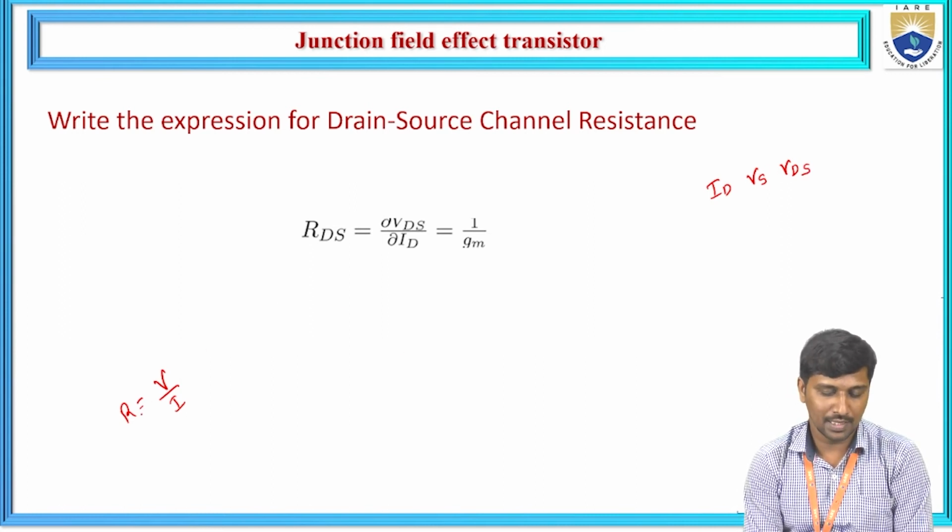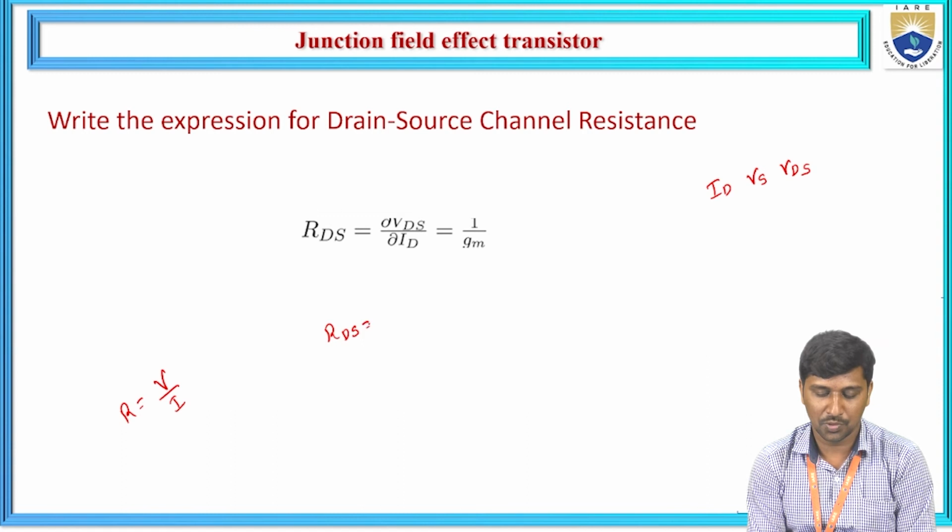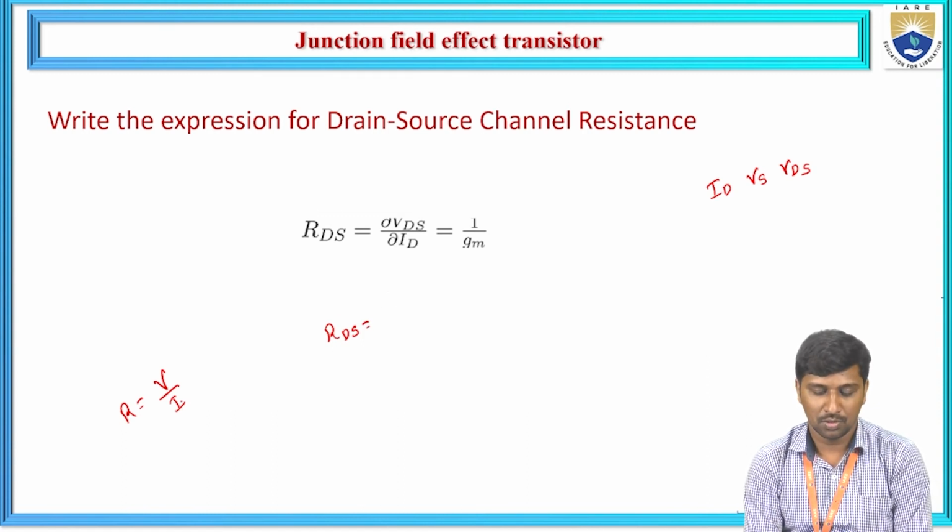So here the voltage is represented as VDS and the current as ID.